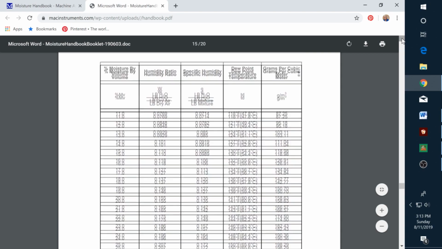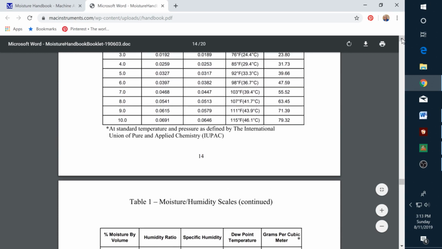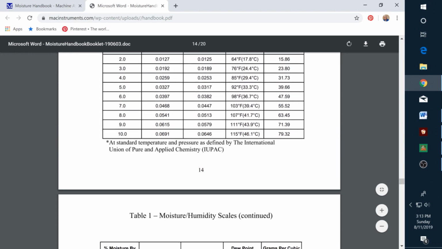Now, here's a point resembling a possible room temperature. And what this is telling us is that at a dew point temperature of 76 Fahrenheit, we will have a moisture by volume of 3%.